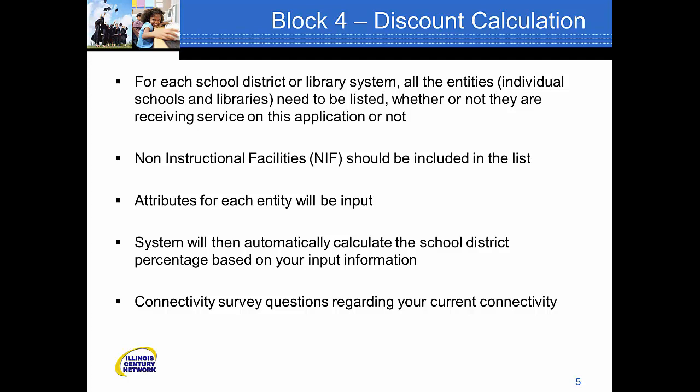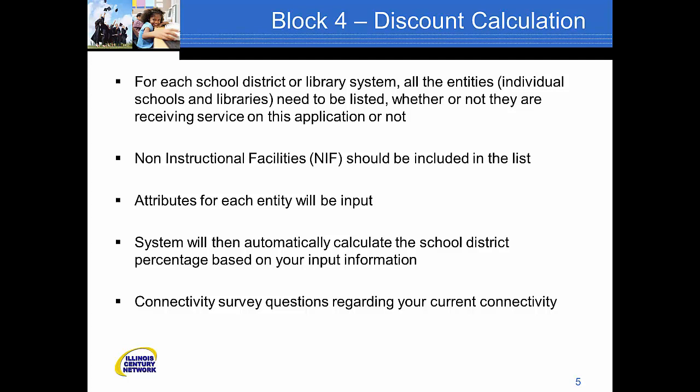In this block, you would enter the school district or library system, as well as every school or library in that school district or library system. Whether they're receiving service or not, you would enter that school or library into this block. Also, non-instructional facilities should also be included in this list.